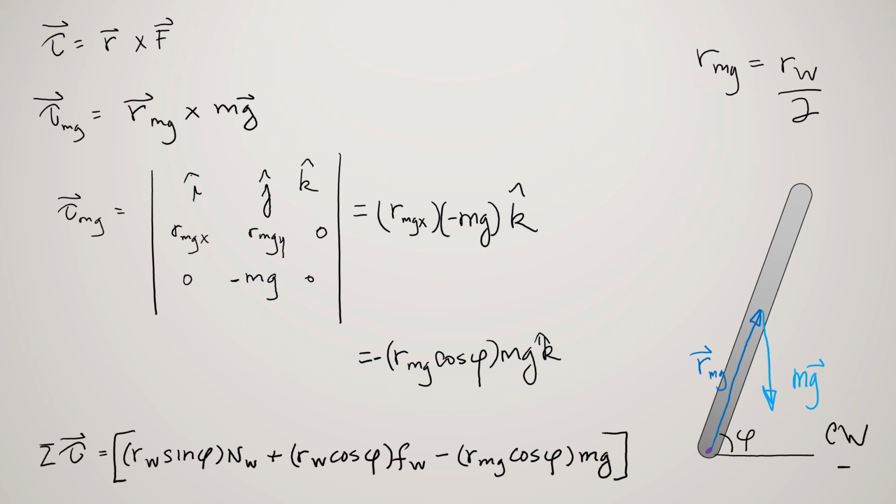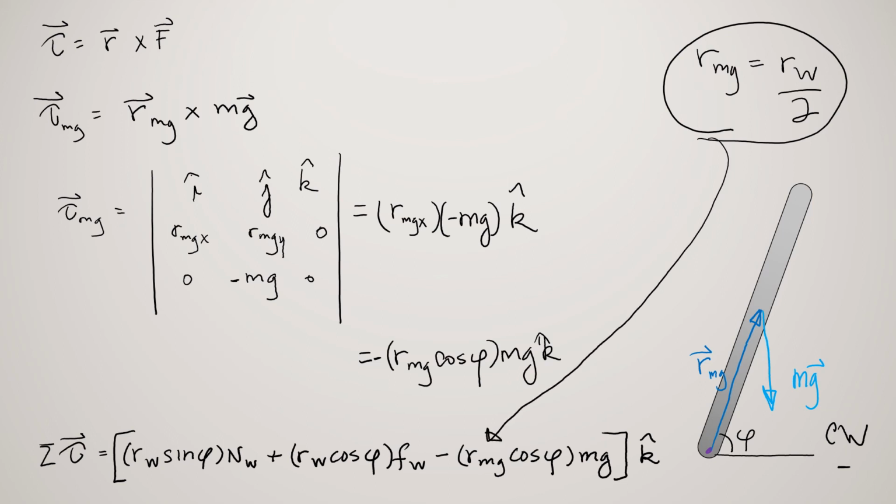All of these are in the k-hat direction. So now I can sum these and I will have the net torque. Again, I've got the substitution, so all of those are measured the same. So I just need to know the length and I need to know the angle, and if I knew just a couple of other things, I'd be able to go ahead and solve this with numbers. But I have the net torque and the net force, and that gets me started on any problem where I'm thinking about an object that is in static equilibrium.